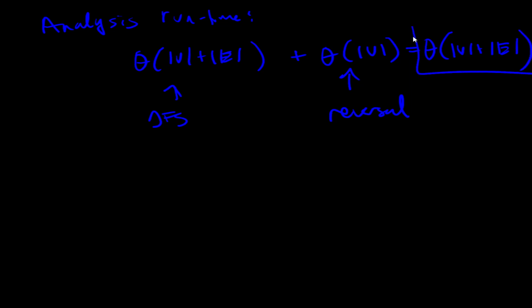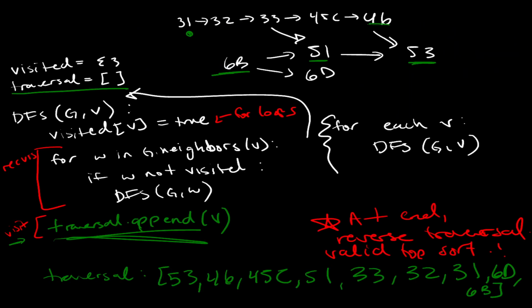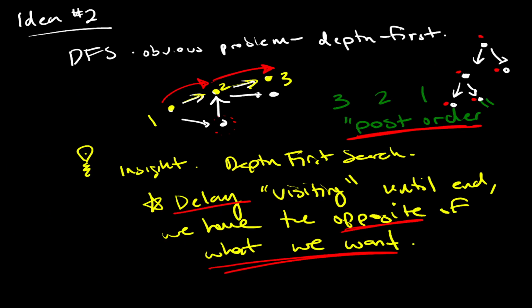So same runtime as DFS. We basically already learned how to do this. You just do this little trick of post-order emission instead of the pre-order emission, which I think we looked at previously. But you still need the visited set to mark and make sure you don't run into cycles, just in case you didn't check for cycles beforehand.